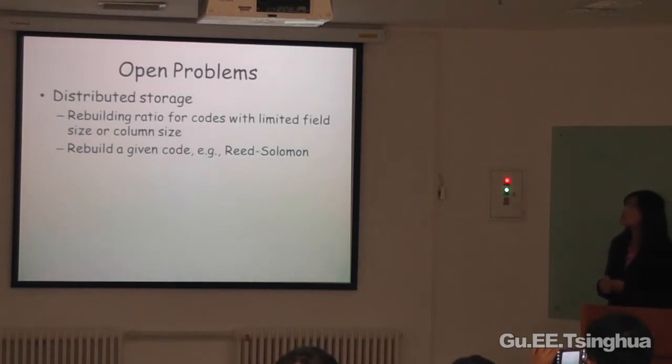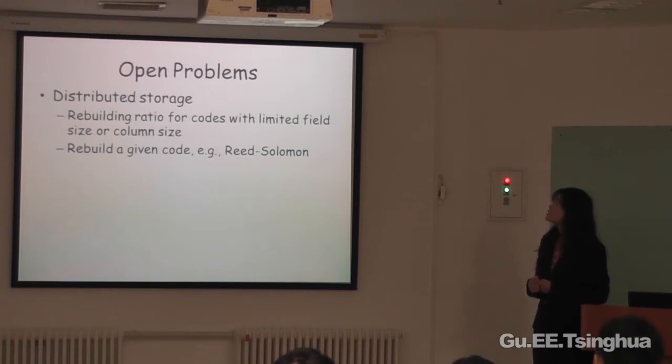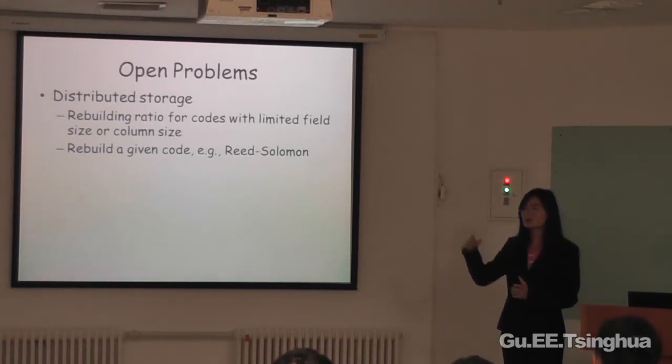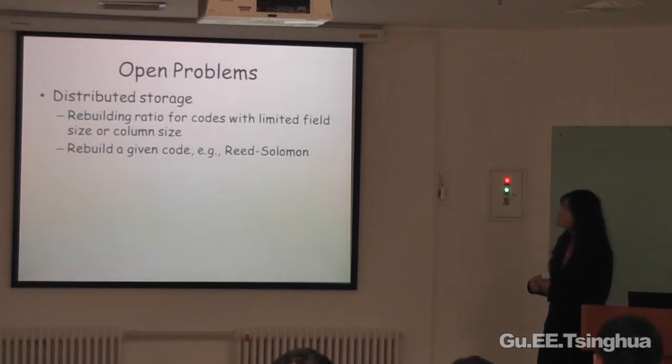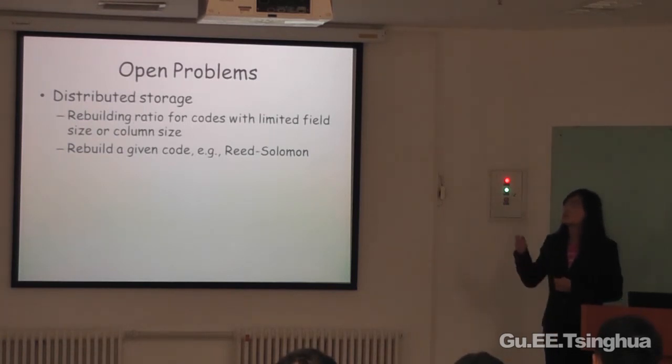For distributed storage, we don't know what the actual rebuilding ratio is if I have limited field size and limited column size. So we have an array that is exponentially long. But if I want only square matrices, square arrays, say, then people don't know whether the rebuilding ratio should be 1/2, should be 3/4, or maybe it should be 1.